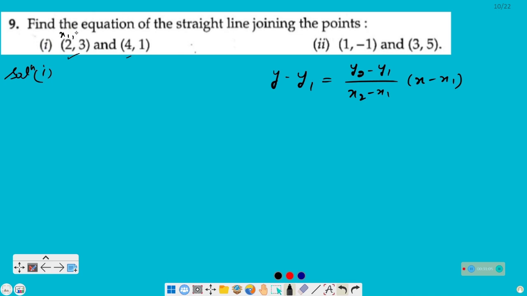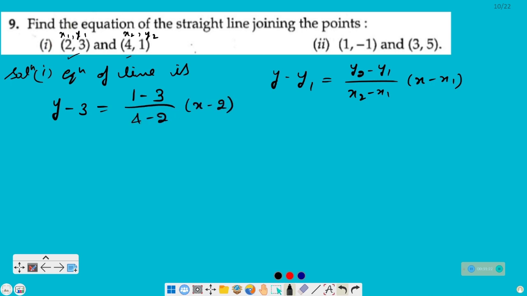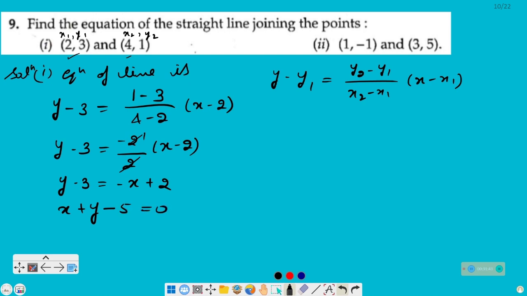For first part, this is x1 y1 and this is x2 y2. So, equation of line is y minus y1 equals y2 minus y1 upon x2 minus x1 into x minus x1. Just solve it. x plus y minus 5 is equal to 0.